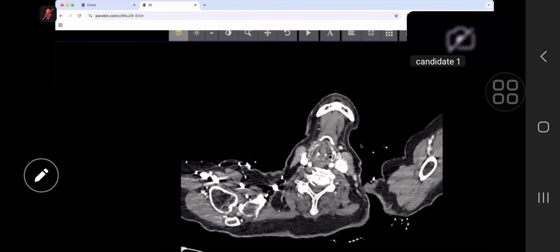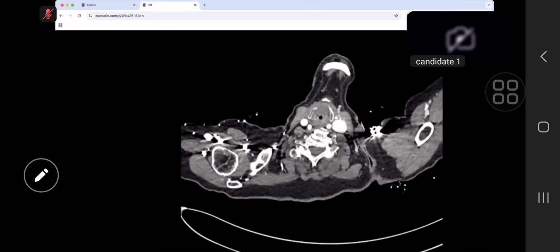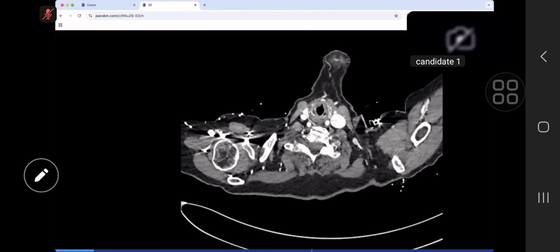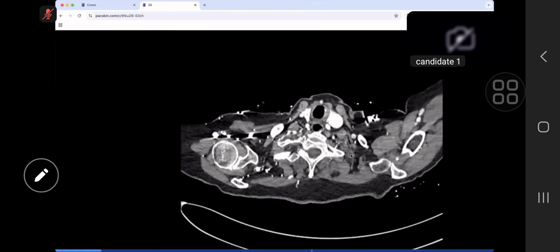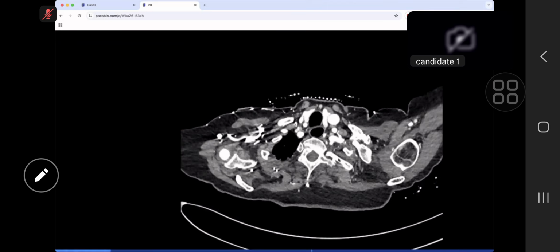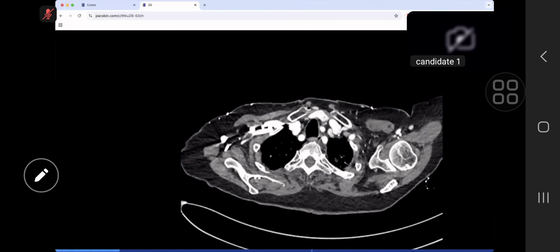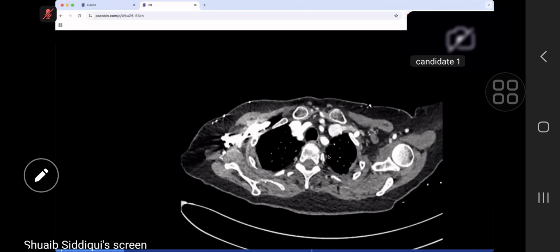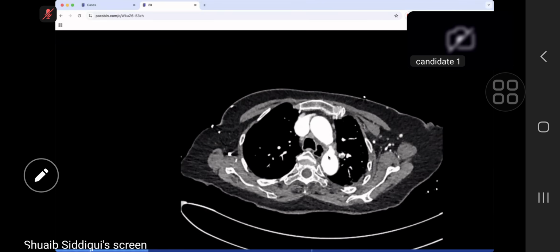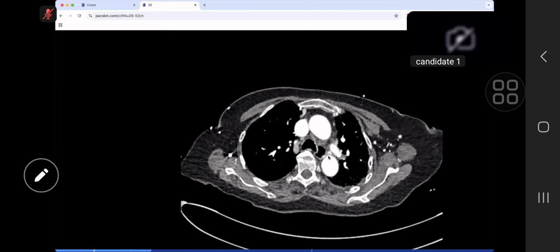I've been presented with a CT scan, axial sections, post-contrast images of the, I believe, chest first. I'm just scrolling through a patient who has presented with trauma and pelvic fractures.